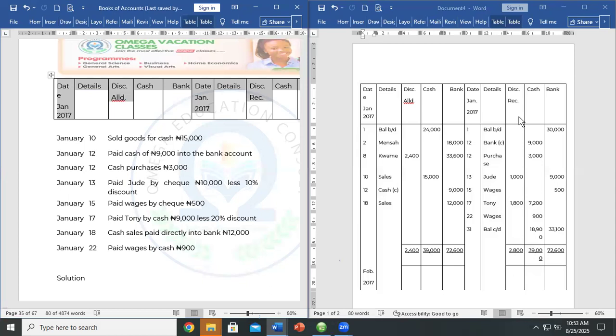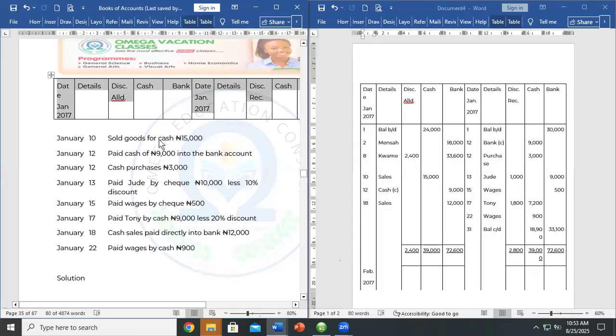So the first thing we have to record here is the opening balance. I don't know if professors are comfortable with this in there while I explain, or we should wrap everything off. Because of our time, let's make do with it. In recording the first thing, which is the opening balance, look at how we do it.